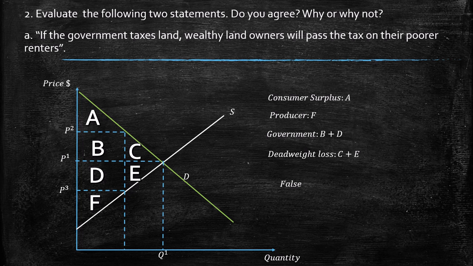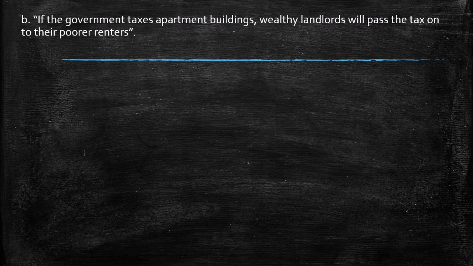So it depends, but they will pass the tax on to the poorer renters? This is false, because even if the tax is just charged to the poorer renters, the wealthy landowners still have to pay. They have to assume part of this tax.